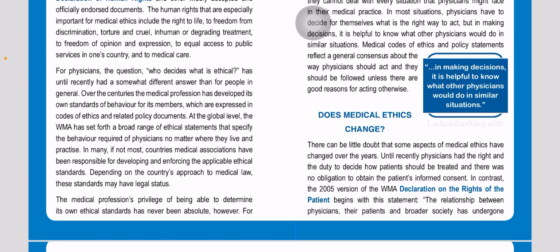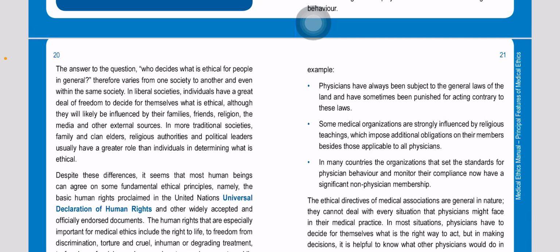The medical profession's privilege of being able to determine its own ethical standards has never been absolute. Even though they have their own rules, the international organization like the World Medical Association, however, it is not absolute. Other medical organizations in your respective country can have your own code of ethics, your own code of professional responsibility.